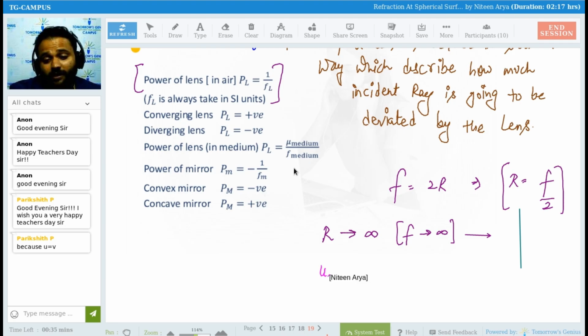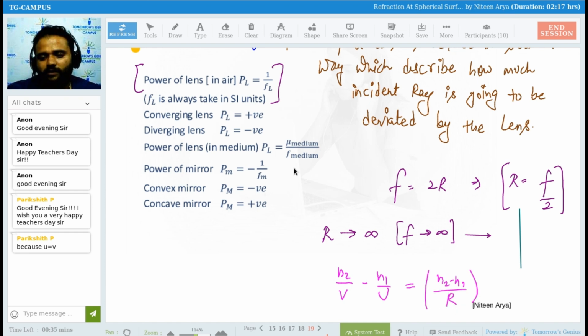The relation for the spherical surface. I'm going to write N2 and N1, because mu2 and this will be confusing: N2 minus N1 by R. Okay, yes, so this is the relation.